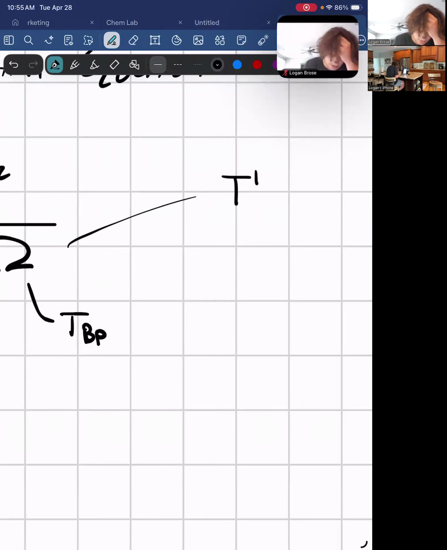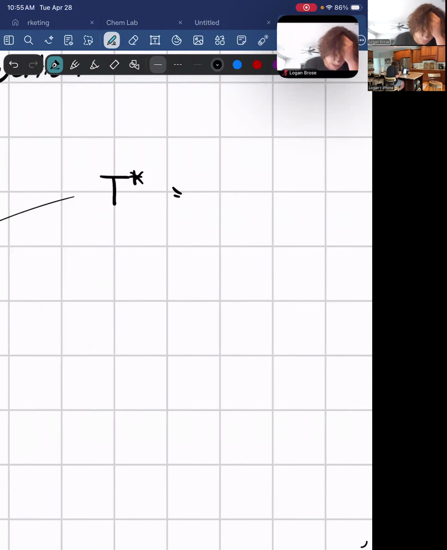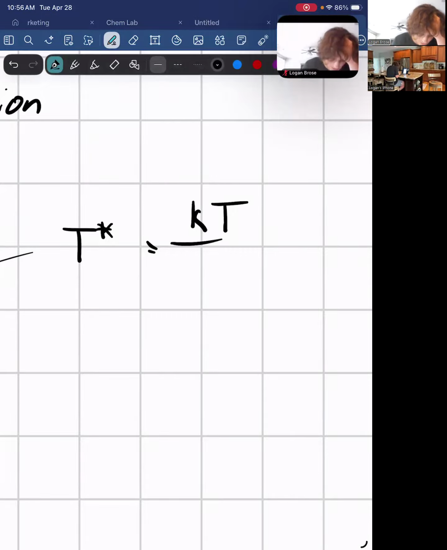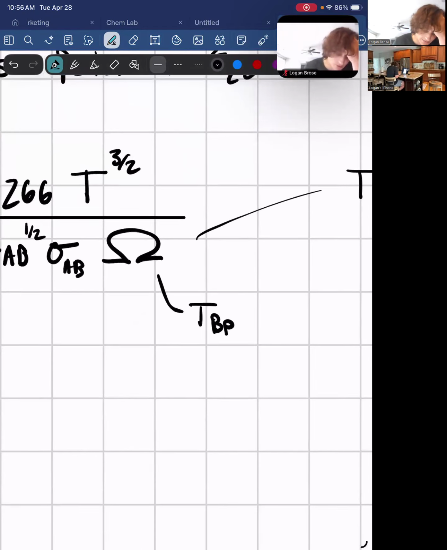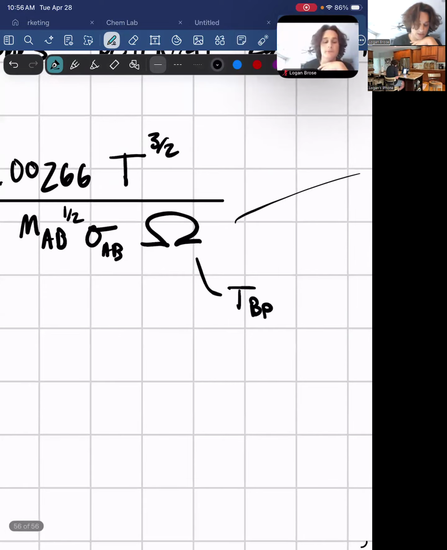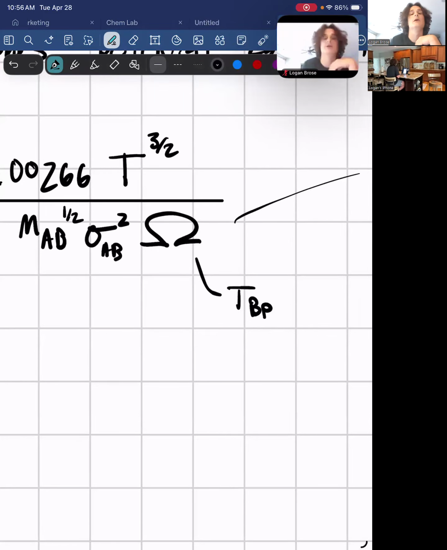So T star is going to equal the Boltzmann constant multiplied by our temperature over our energy of collisions of A and B. And that can be used to estimate this integral here with the boiling point, and this is actually squared here.